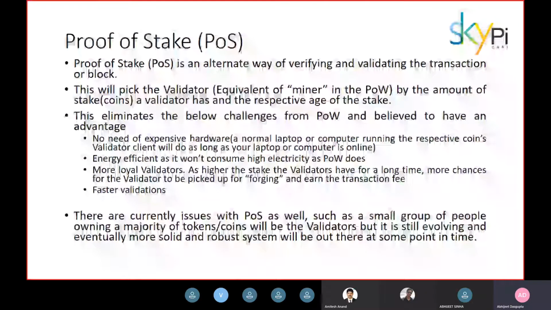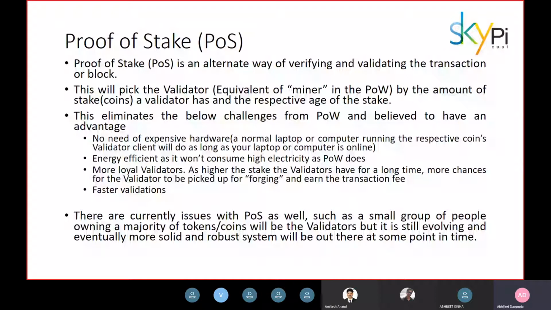This particular scenario that we discussed in proof of stake actually eliminates the challenges that we saw in proof of work, and it has the following advantages over proof of work. There is no need for expensive hardware to run a proof of stake blockchain. The energy efficiency is high because it won't consume high electricity and high power equipment to validate proof of stake blockchains.